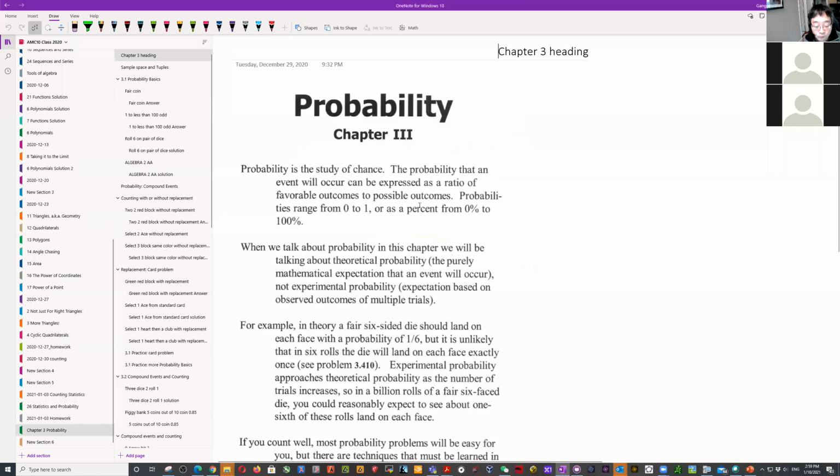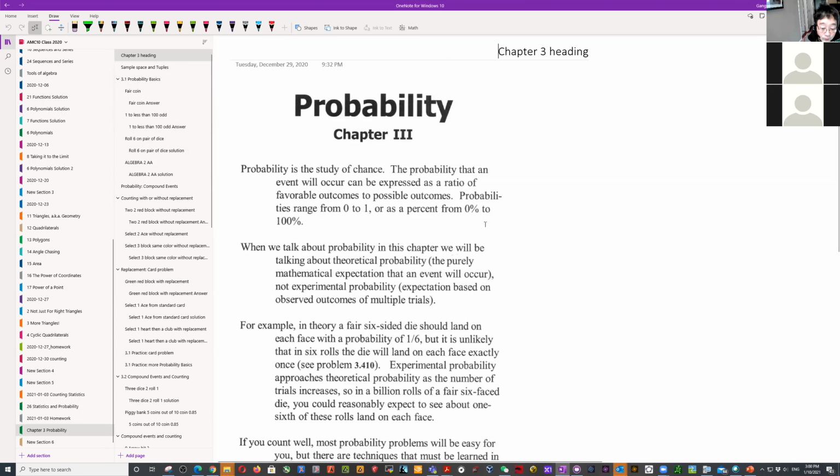Probability still sounds more like counting, but it's not all about counting. A lot of probability is not counting, it's above counting. Probability is the study of chance. The probability of an event is based on the ratio of favorable outcomes to all possible outcomes. Probabilities are between 0 and 1, or from 0% to 100%.